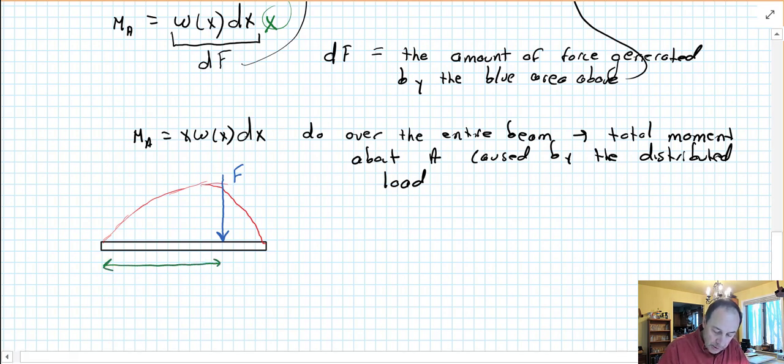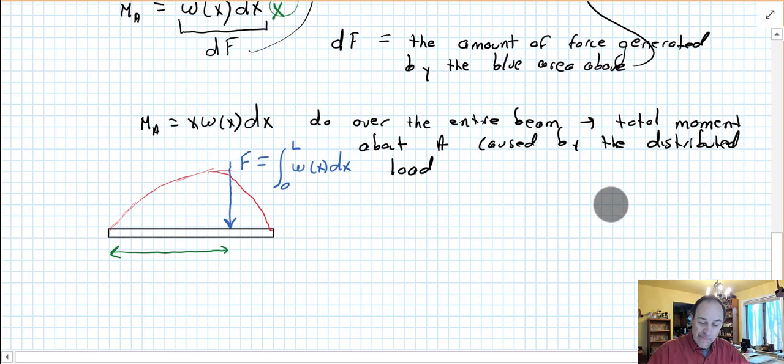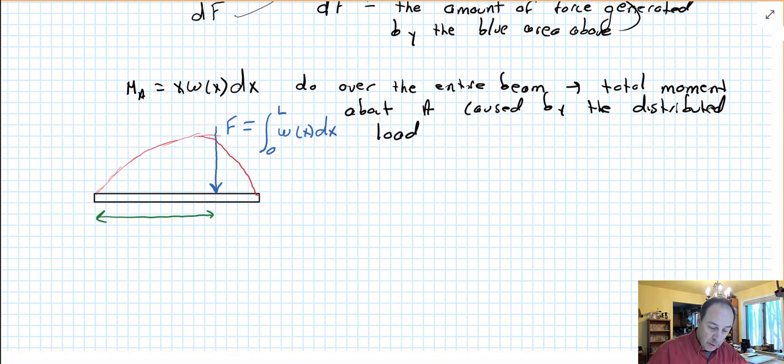What's the location? All right, F, remember, is going to be the integral along the whole length of that distributed load function. Okay, so we have a way we can deal with this now.